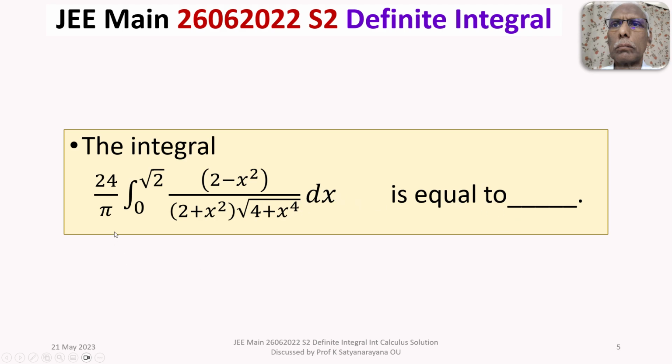We have to evaluate this definite integral, a quotient p(x) by q(x). The numerator is 2 minus x square, and the denominator is 2 plus x square multiplied by the square root of 4 plus x to the power of 4, with respect to x.